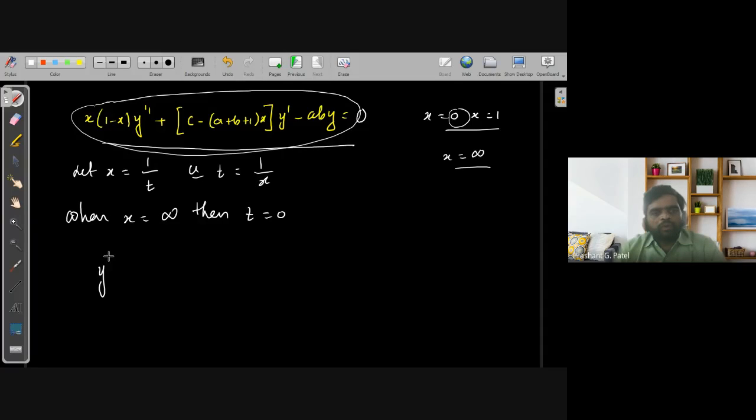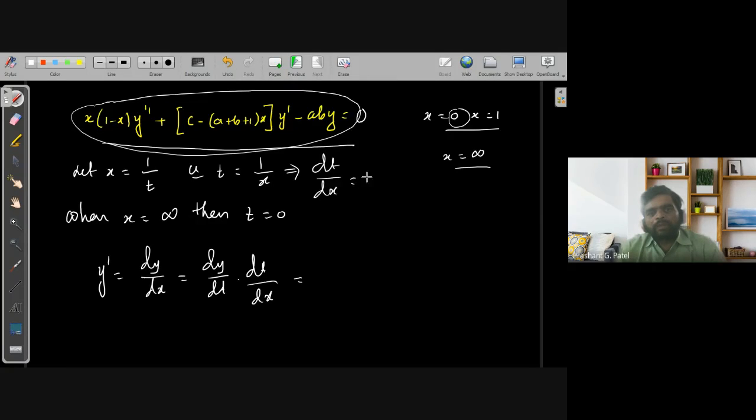So what will be y dash? As per the definition, that is dy by dx, and by chain rule we can say it is dy by dt into dt by dx. Taking the derivative of t with respect to x gives dt by dx is minus 1 upon x square.